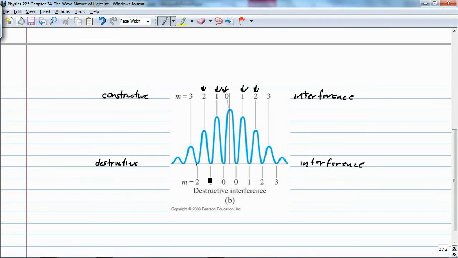So Young's double slit experiment, we can calculate where these slits are going to be based on the trigonometry of the setup of the double slits and the distance to the screen.